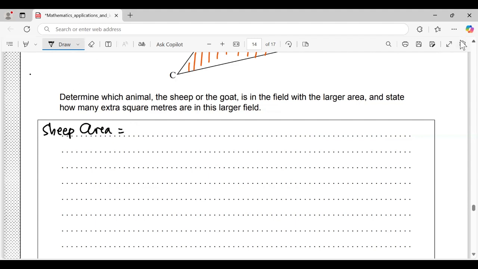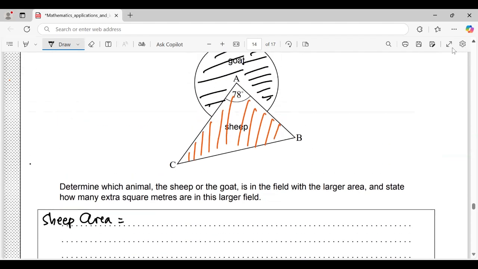The sheep area is this one, the orange color. The sheep area we can calculate through the sine rule, that is half times 21 times 15 times sine of this angle, 78.